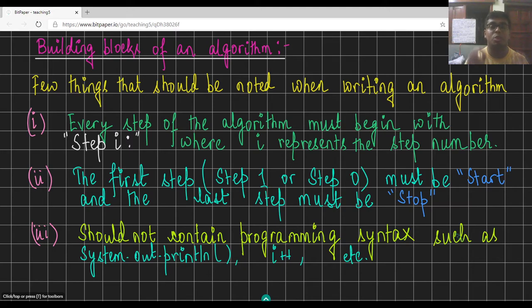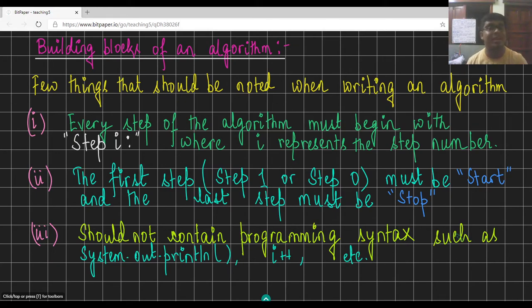Your algorithm should be such that if you give it to a Java developer, they can read your algorithm and write a program. If you give your algorithm to a Ruby developer or a MATLAB developer or a Python developer, even they should be able to translate your algorithm into a concrete program. So, never write programming syntaxes in algorithms.